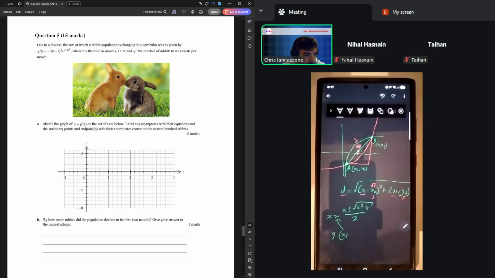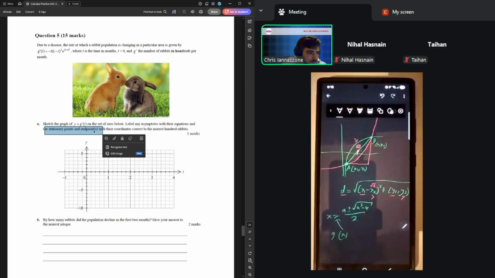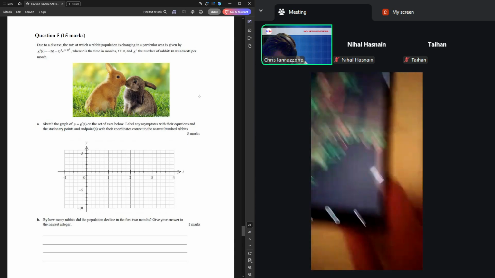So this is tech active. We can just plot it on our axes and be fine. The only thing we'd have to be a bit interested about would be getting proper asymptote equations, not just eyeballing it off the graph, and figuring out the stationary points of the graph that we have. So let's crack on with it.